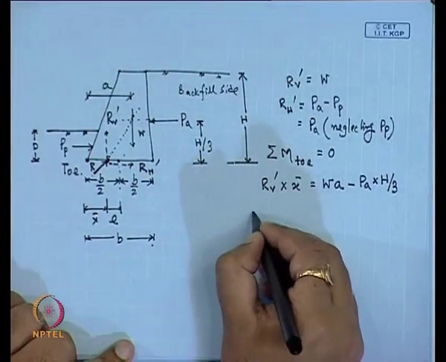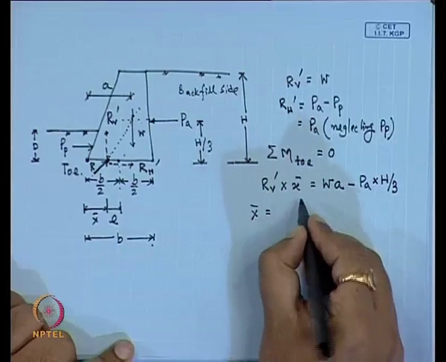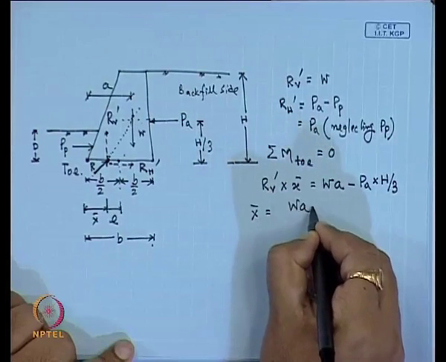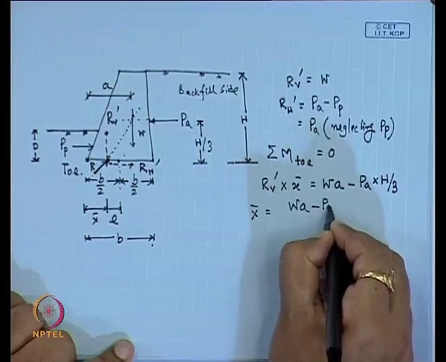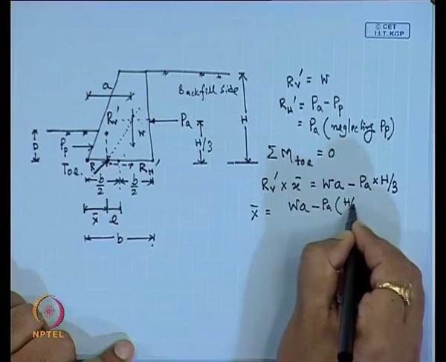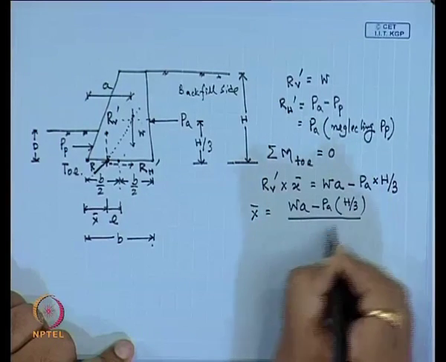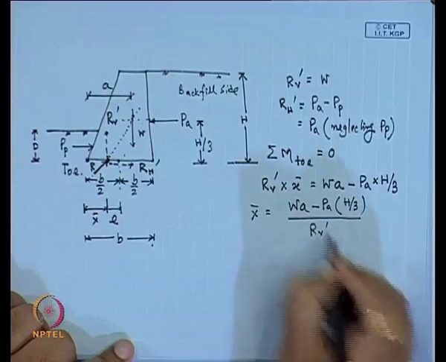So, we can write that x bar is equal to W a minus P a into h by 3, divided by R v dash.